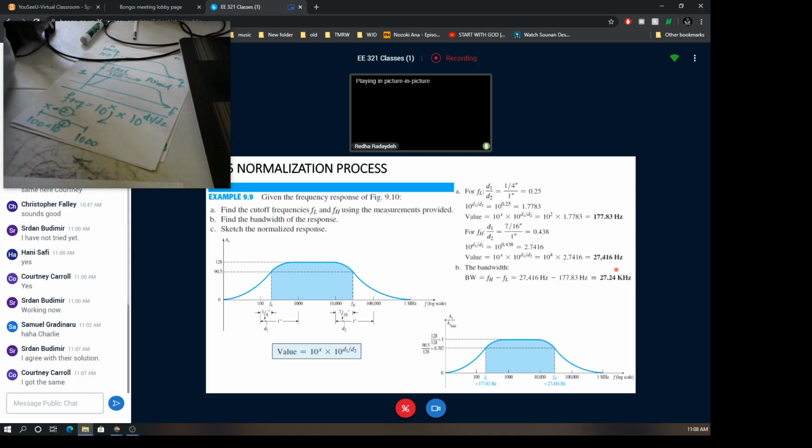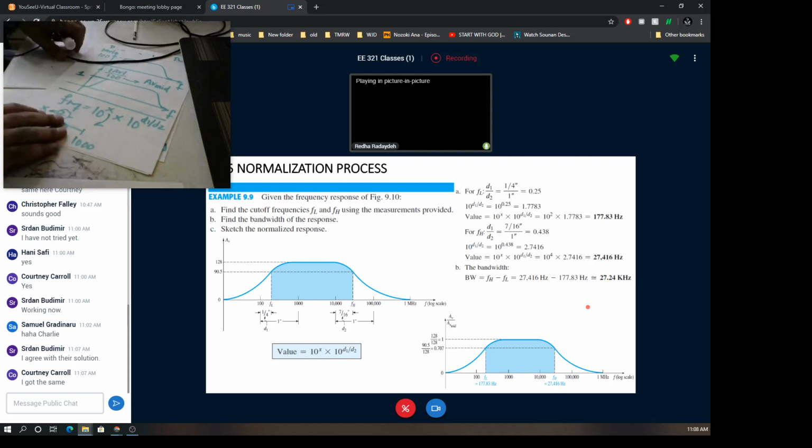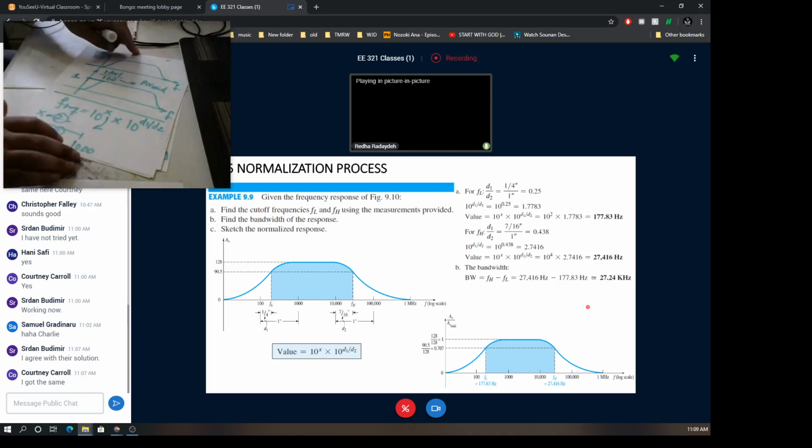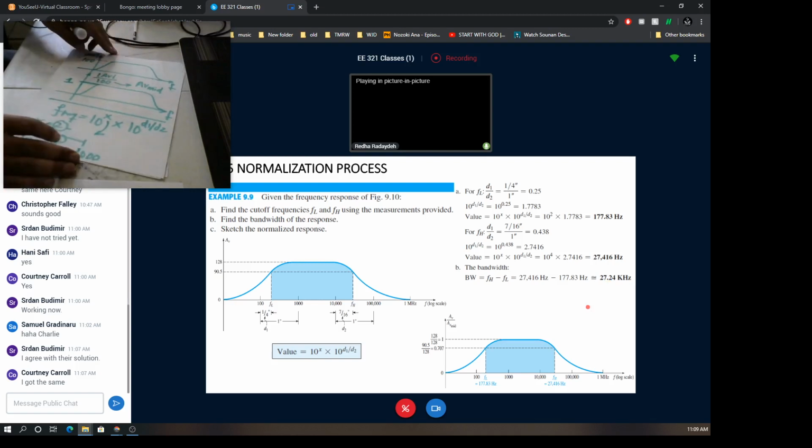So 2.7416 times 10 to the power 4 is 2.7416 times 10 times 10 to the power 3, which gives us 27.4 kilohertz. Okay, verified the first part.